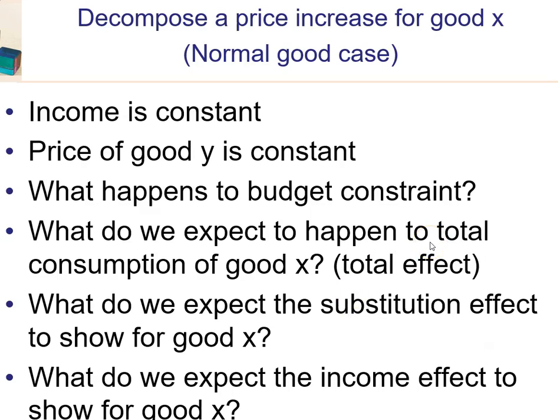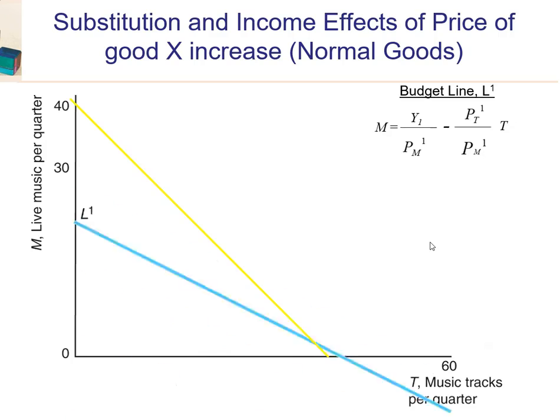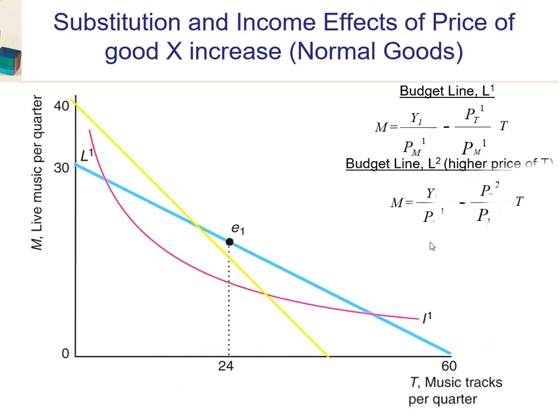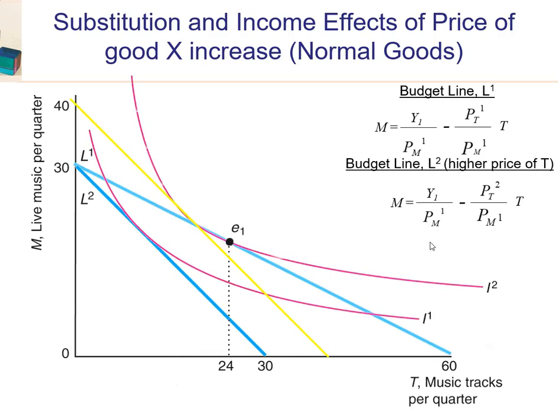Let's show this on a graph, the more challenging part. So on this graph, let's first set up the scenario. The scenario that we have is that bundle E1 is the optimal bundle. Why is this the optimal bundle? This is before the price of good X went up. In this case, good X is represented with T, or music tracks, and good Y is indicated with M, live music per quarter.